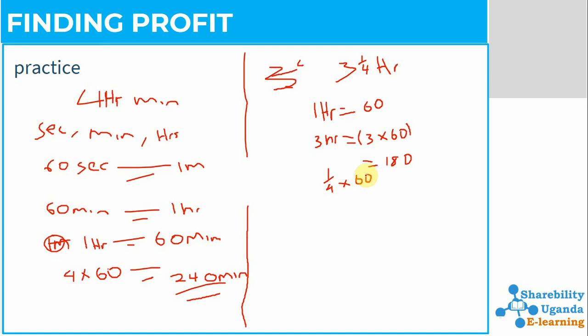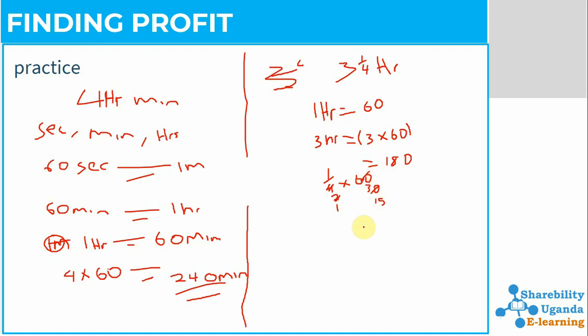Okay, so we shall say by 2, 60 by 2 is 30, also by 2 is 15. So that means a quarter is 15 minutes.